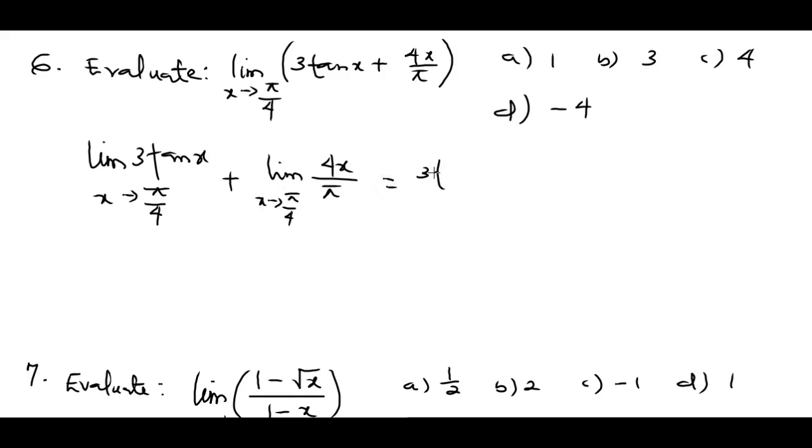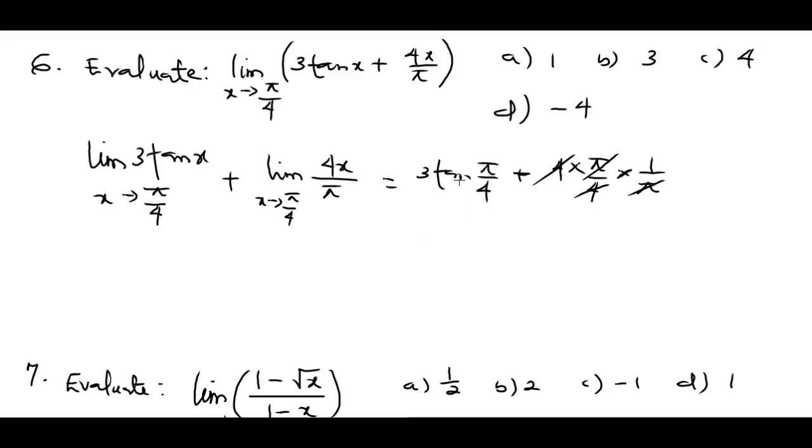So this will be 3 tan pi over 4. Anywhere you see x, you put pi over 4. Plus 4x, that's pi over 4 multiplied by 1 over pi. So here 4 cancels 4, pi cancels pi. You are left with 1.